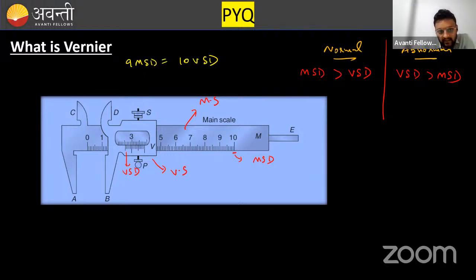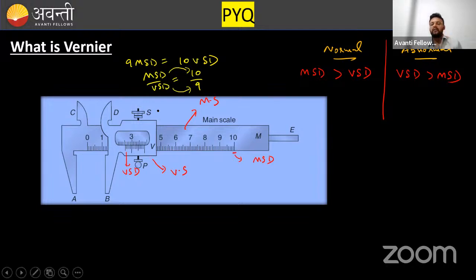Can I say MSD over VSD is equal to 10 by 9? What does it mean? MSD has larger divisions than the VSD. Are you getting my point? When main scale division is larger as compared to vernier scale division, that means it is a normal vernier. And when the opposite happens, that means it is an abnormal vernier.